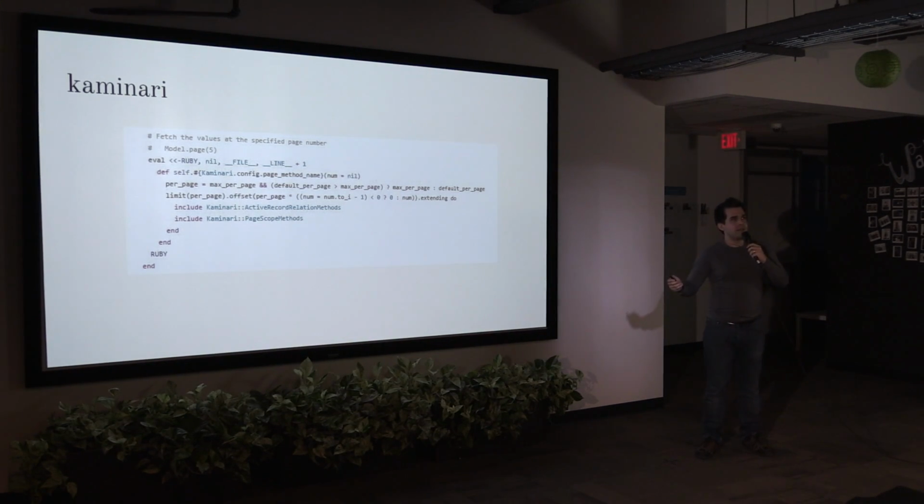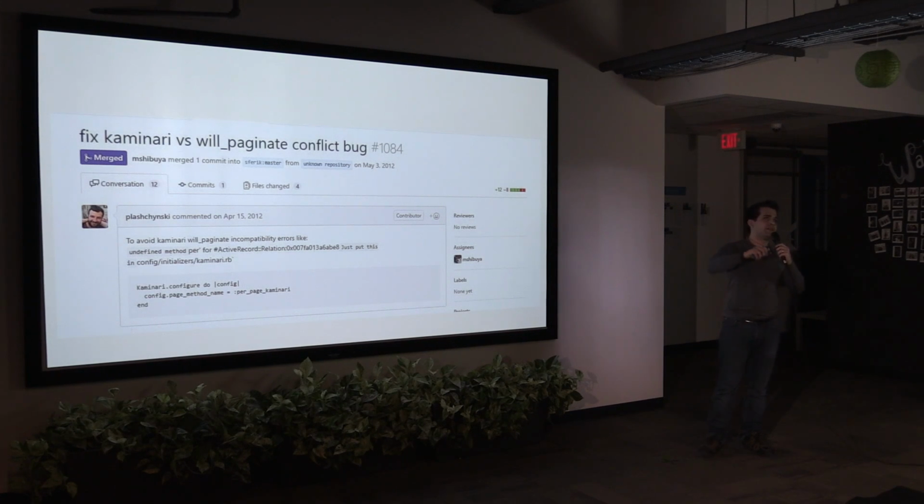So if you combine both Kaminari and will_paginate in the same project, they override each other, and depending on the order that they are loaded, you will get different bugs. So if you order them dynamically, you can get different bugs with the same production code base. All of a sudden, one's going one way, one's going the other way.